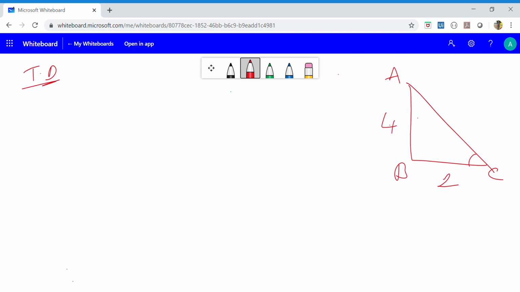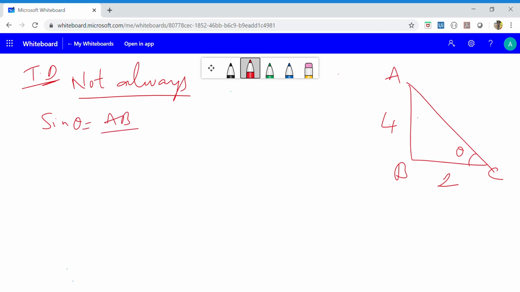It is not always. Only in some cases we can find out. So for yes I will give an example, and for no also I will give an example. Suppose theta is here, consider sin theta. Opposite side is AB by hypotenuse AC.